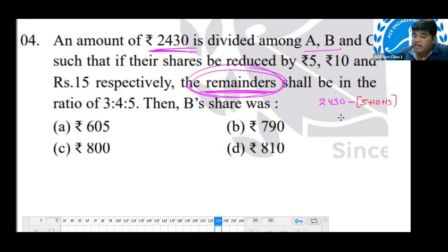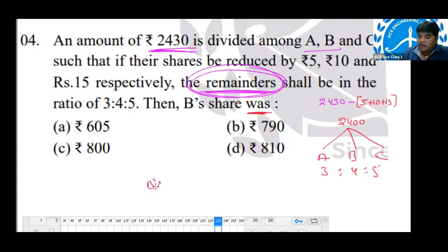After reducing these three amounts, the remaining amount is 2400. This remainder is in the ratio 3:4:5.